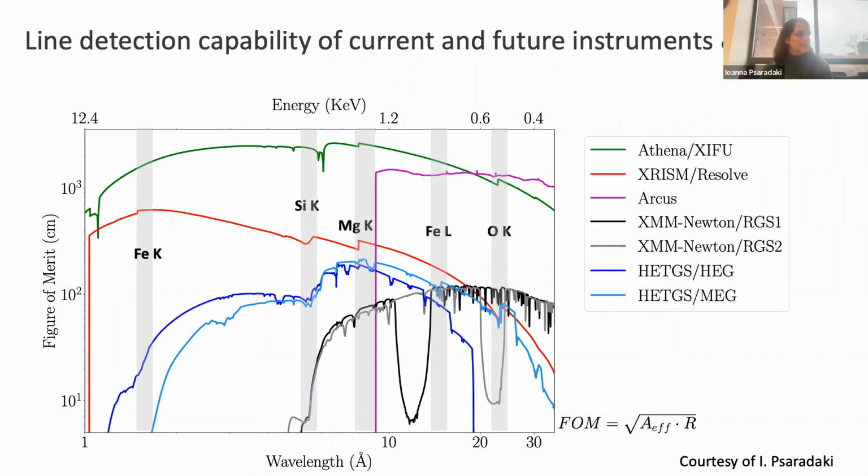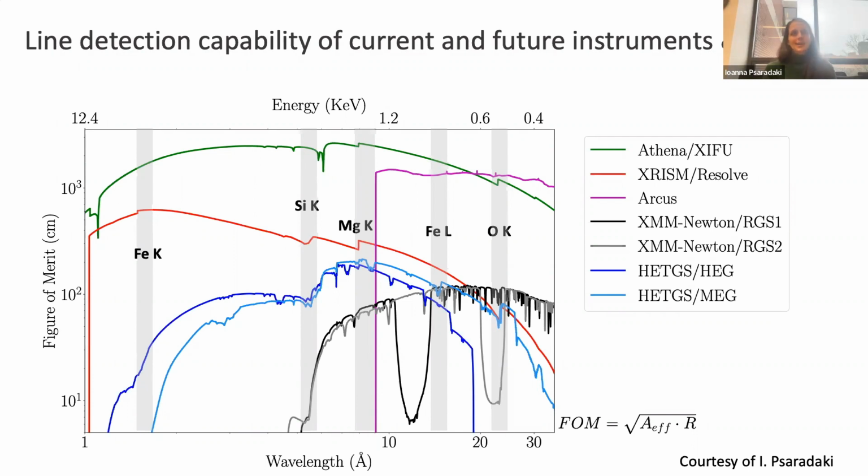Yeah, so let me think. For sure we need line detection capability, because X-ray absorption fine structures are weak features compared to, for example, some very highly ionized absorption lines. And we need to be able to distinguish between dust models. So this is really important.